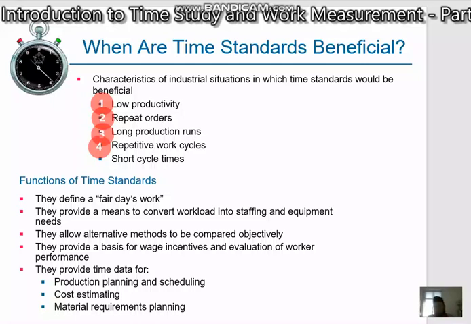Work measurement can be justified more readily when the work cycle is highly repetitive. And the last one is short cycle times. Short work cycles require less time to set a standard. So this is when time standards are beneficial.